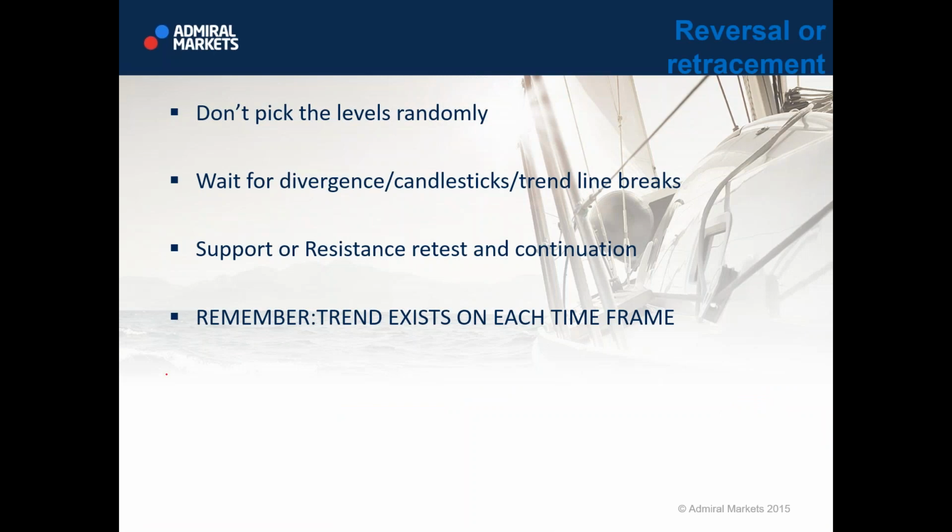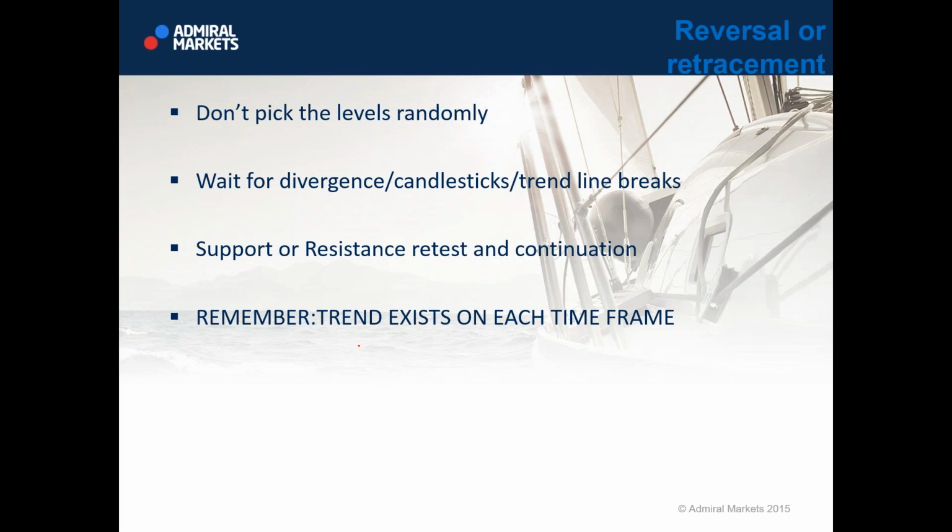Divergence is the first cue towards price retracement or reversal. Divergence. Support or resistance retest and continuation, as I explained. Regular divergence is trend retracement or reversal. Hidden divergence is trend following.